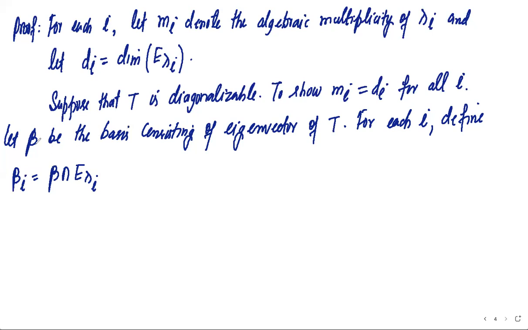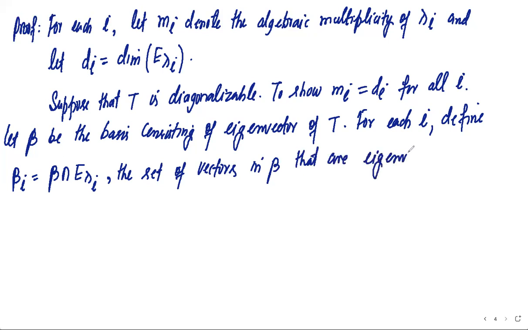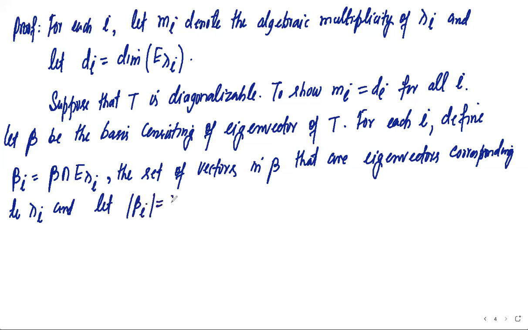Now this beta_i is the set of those vectors from beta which are the eigenvectors corresponding to lambda_i. So beta_i is defined as the set of vectors in beta that are eigenvectors corresponding to lambda_i, and let the cardinality of beta_i be equal to n_i.